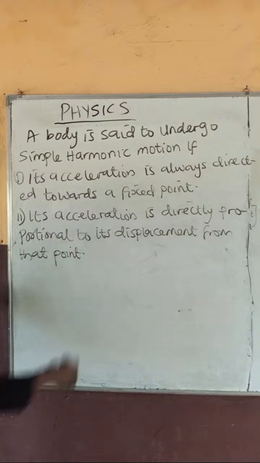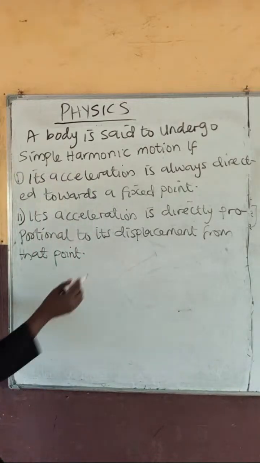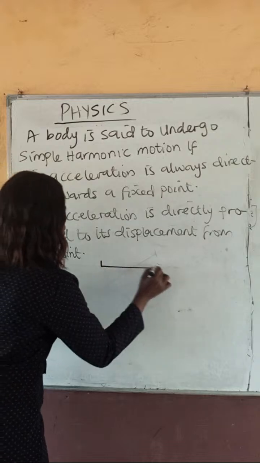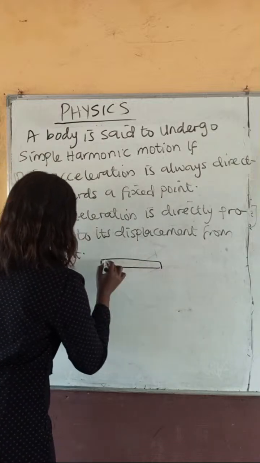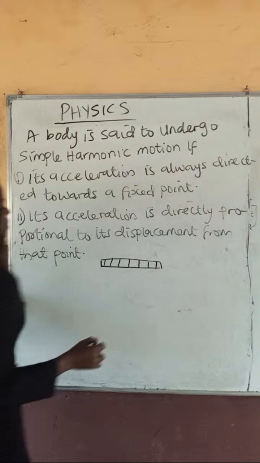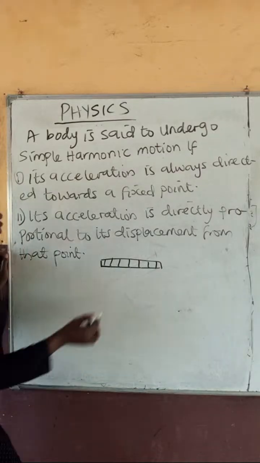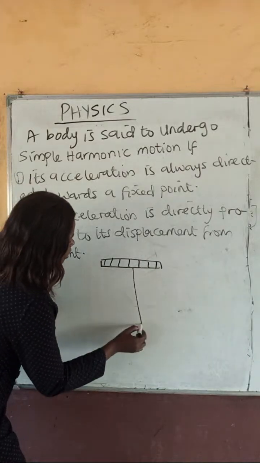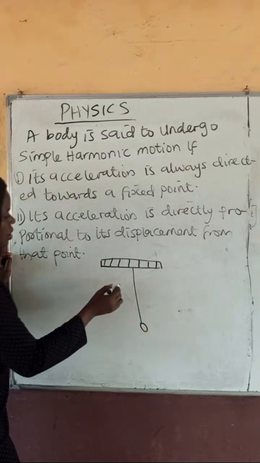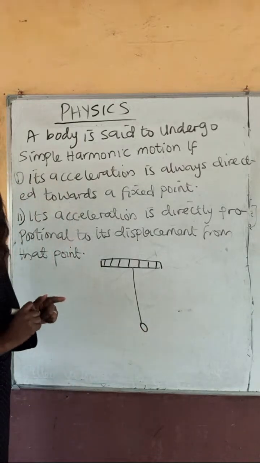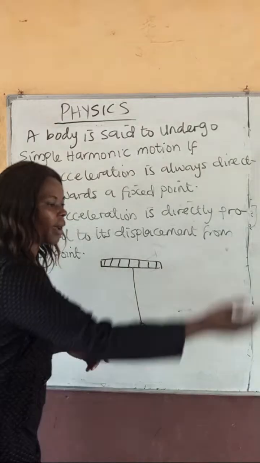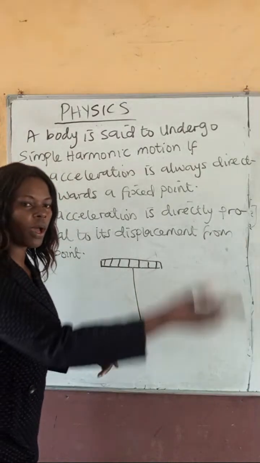Now, I still want to use a simple pendulum to explain this simple harmonic motion. This is a pendulum bob, okay? Now, if you displace a pendulum bob, it's going to move to and fro.